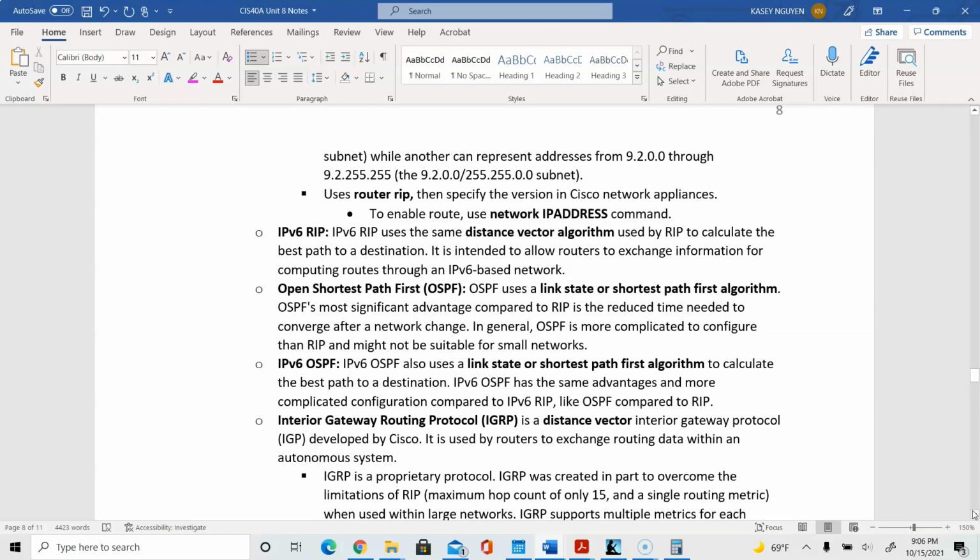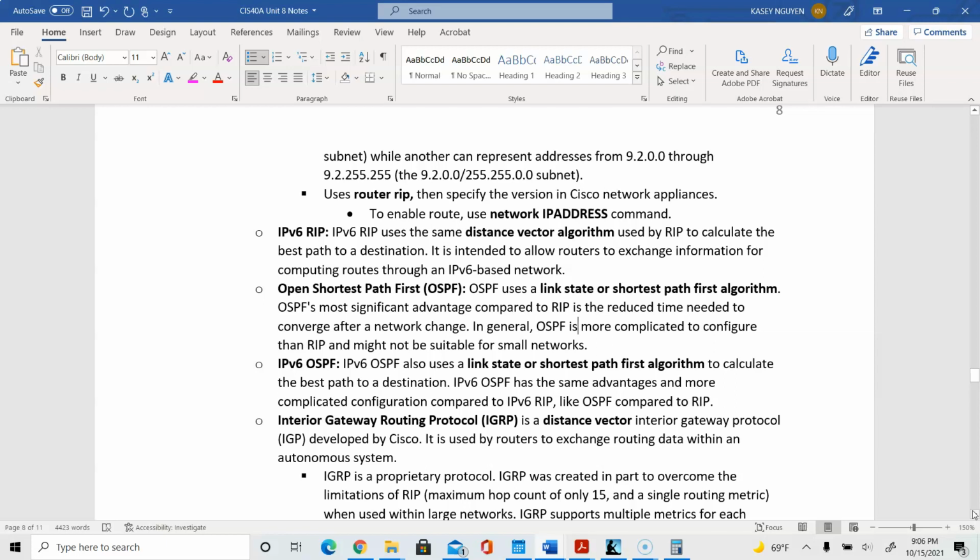It's just going to look at the quickest way to get there and make sure that it sees that path as the shortest. So it's going to compare the path and the cost of each path, and it's going to determine the open shortest path. We also have IP version 6 open shortest path first.